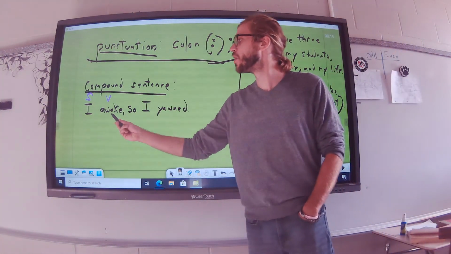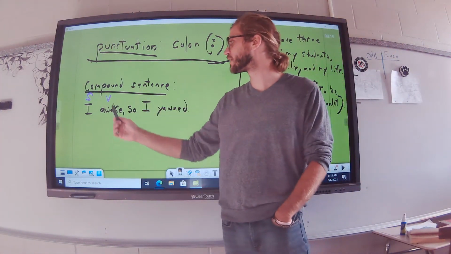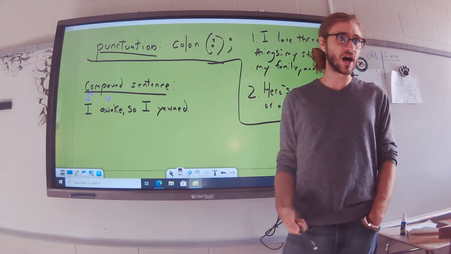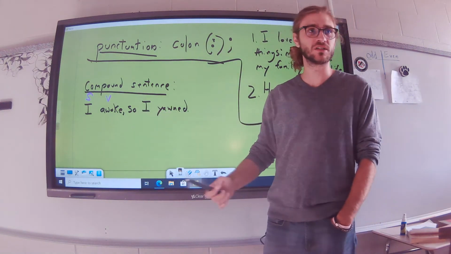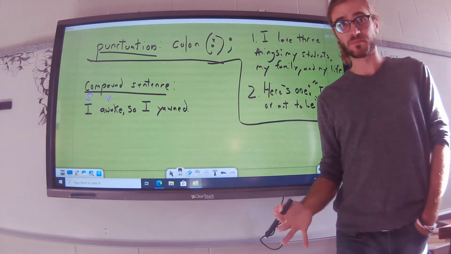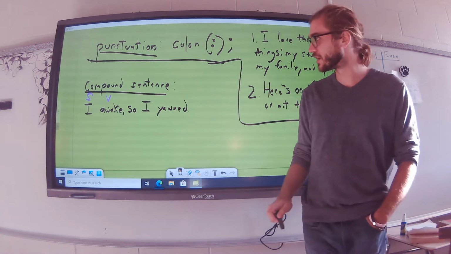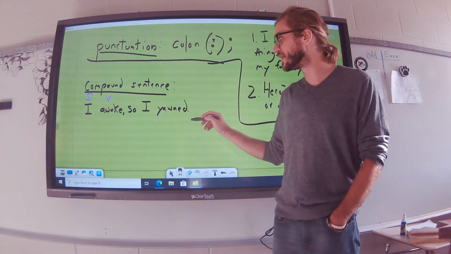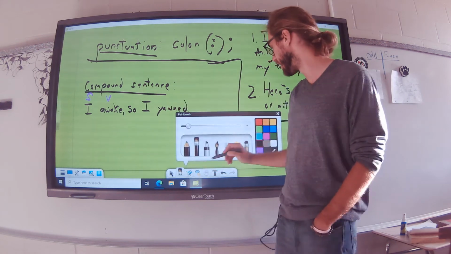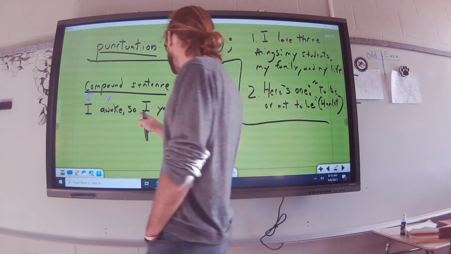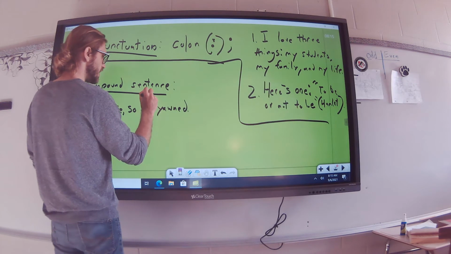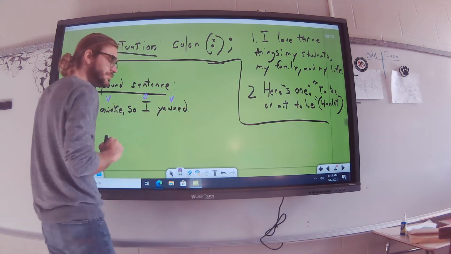We have I awoke, which is an independent clause, subject and verb. And now we have a comma. We have a conjunction, so. Remember your fanboys. These are the coordinating conjunctions. And now we have another independent clause. I yawned, right? This I yawned could stand by itself with a subject and a verb.